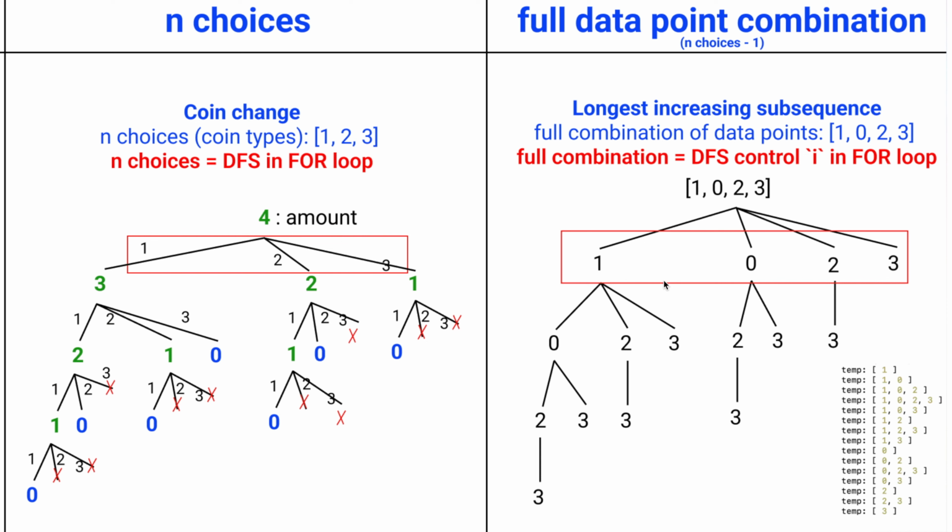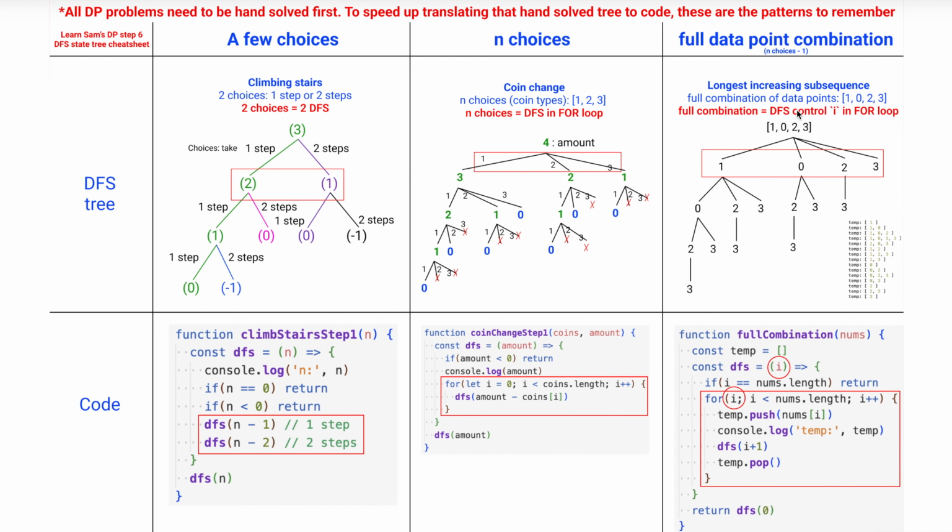So this kind of tree provides us with full data point combination. We can have any possible combination of a data point with the rest of the data points from the input. And creating this kind of tree is pretty simple. It's actually the previous one with just one small modification. That is, instead of the for loop starting from 0 every time, it's going to start at i plus 1.